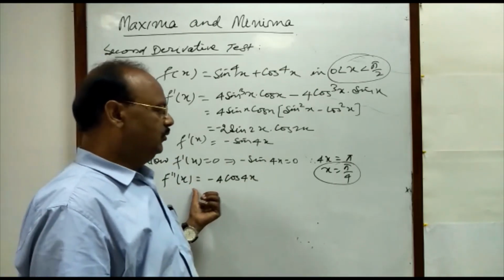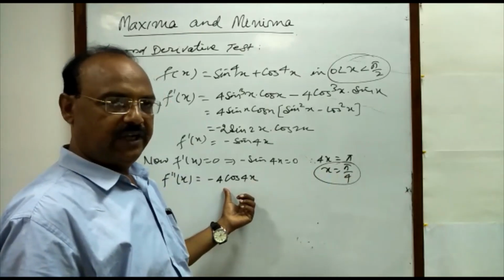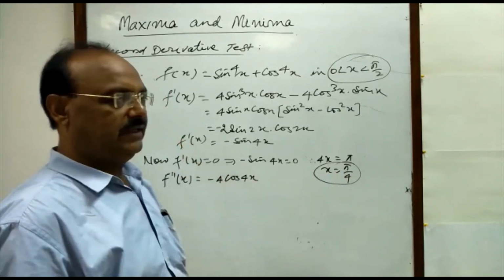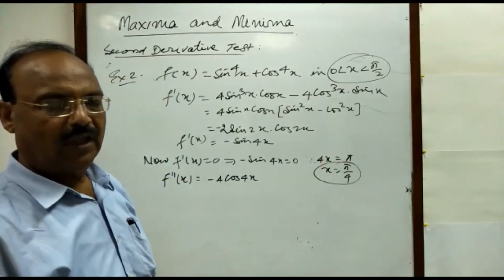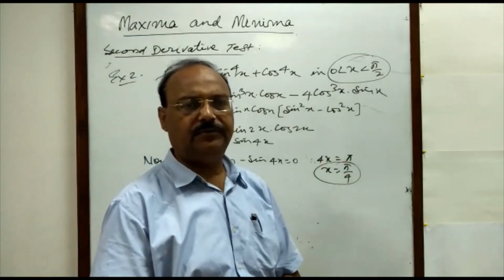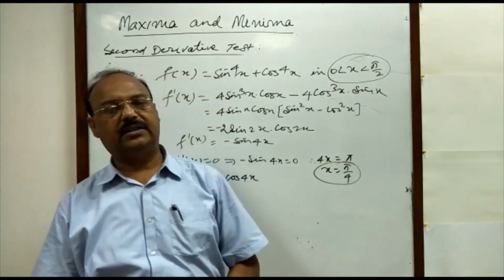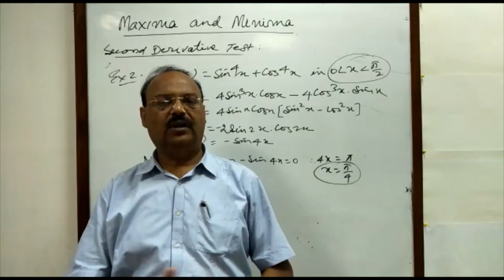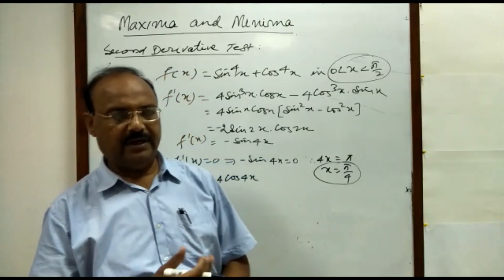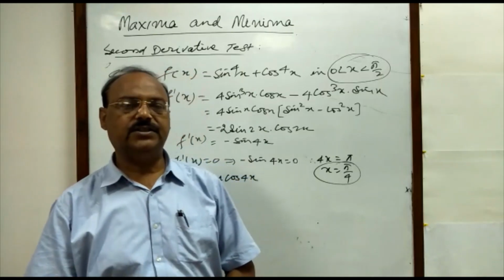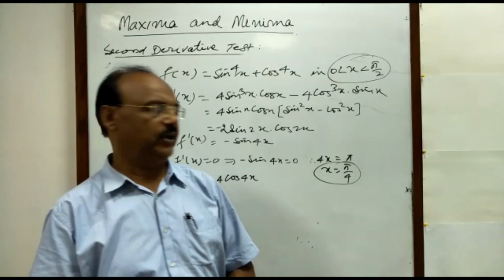Now, by putting value of x is equal to pi by 4 here, you will be able to decide whether this function will have maxima or minima at x is equal to pi by 4, and we will decide with the help of second derivative test here. If second derivative of the function is less than 0, negative, the function has local maxima at that point, and if f double dash x is greater than 0, the function will have local minimum at that point.